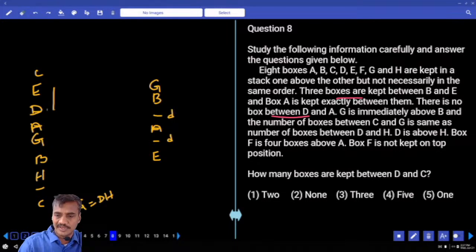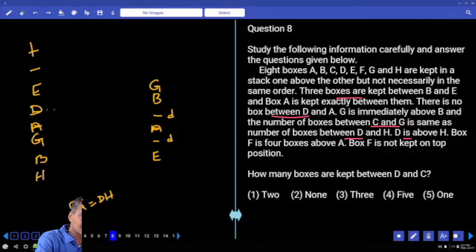And the next one is C and G same as D and H. D is above H, and box F is 4 boxes above A. Where is this F? F is 4 boxes above A. Then A is here, 1, 2, 3, 4. F must be this.